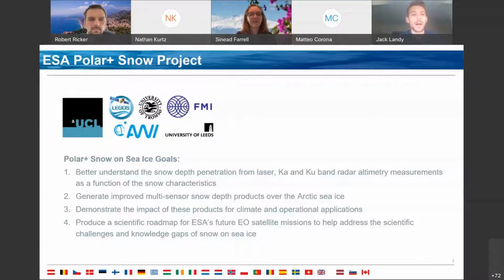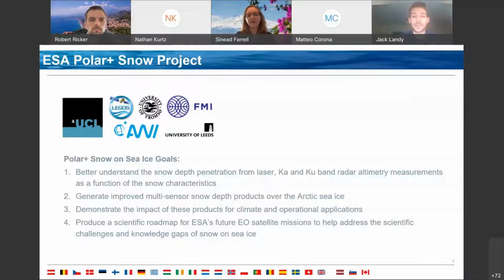So the ESA Polar Plus Snow on Sea Ice project is a European consortium project led by UCL, but involving many partners across Europe, including Lagos, the University of Tromsø, where I'm now based, as Robert mentioned, FMI, RV, and the University of Leeds. And the goals of this project are to better understand the snow depth penetration from laser, Ka and Ku band radar altimetry measurements as a function of the different properties of snow on Arctic sea ice, to then use this better understanding to generate improved multi-sensor snow depth products.